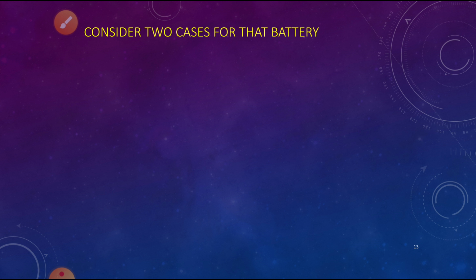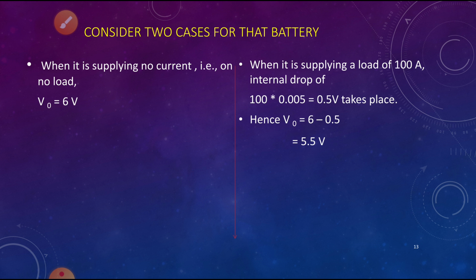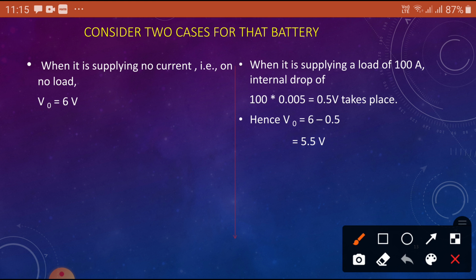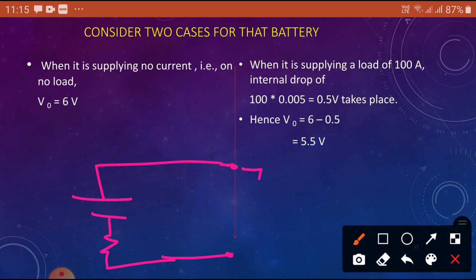Now, consider two cases for that battery. The battery is given such that the internal resistance is connected here and here is connected one load. In the first case, the battery supplies no current. That means we are not connecting any load, so just remove the load.